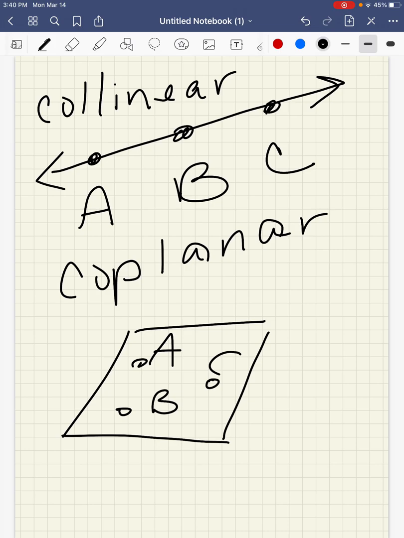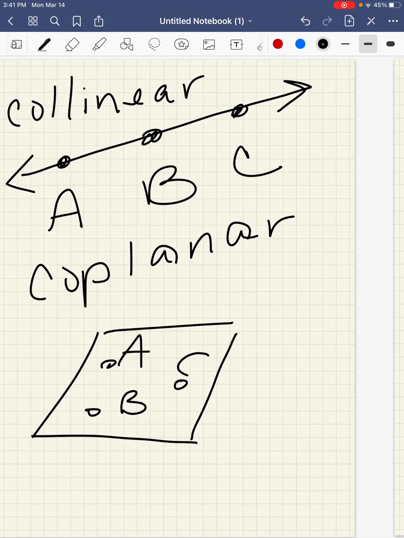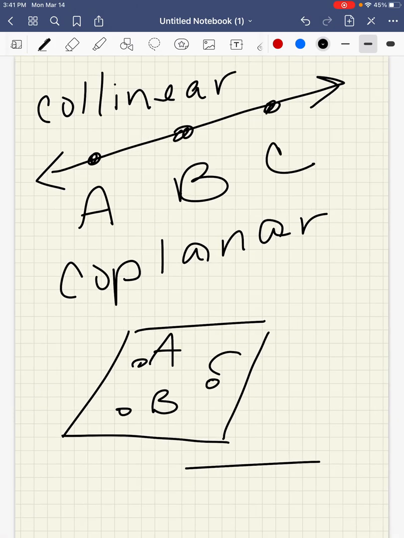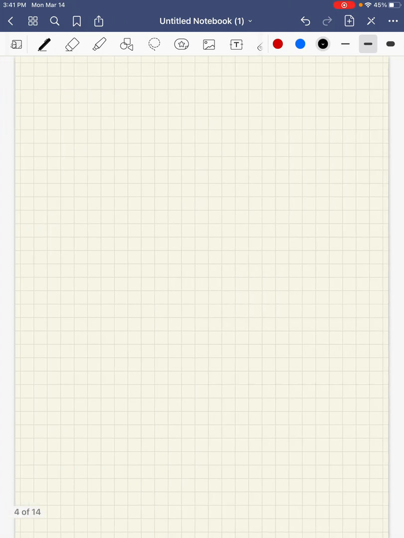All right, now turn to page 30. We talk a little bit about the measure of a line segment, and then we'll talk about congruence of line segments and how to find midpoints of line segments.